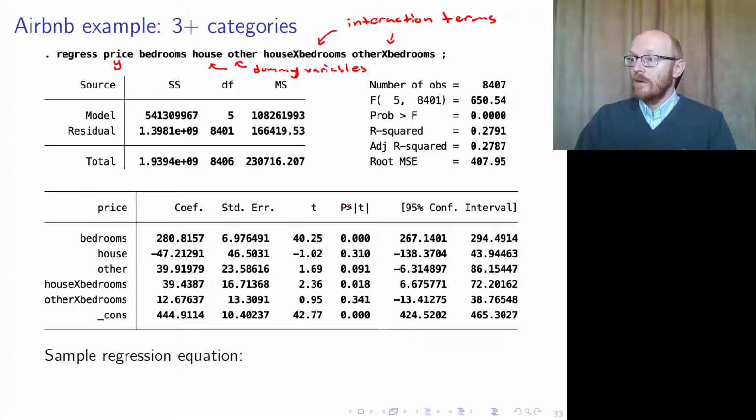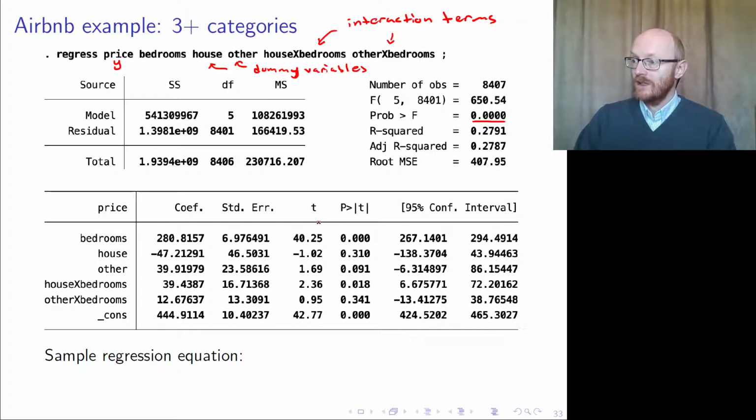Okay, so what we see is that the F statistic tells us that our regression actually explains a significant part of the variation in y, in the prices.